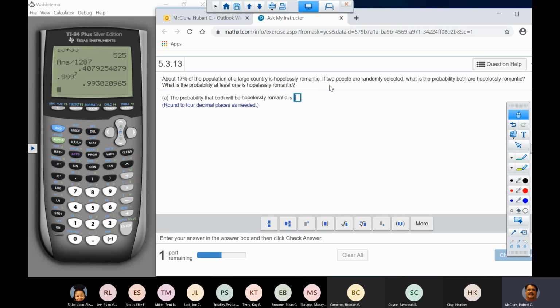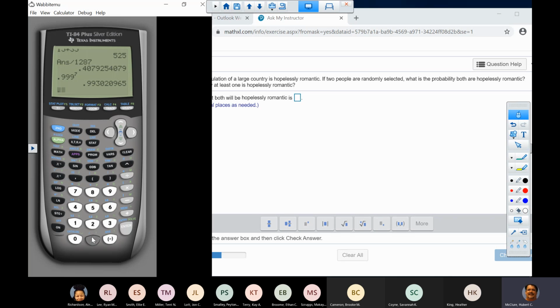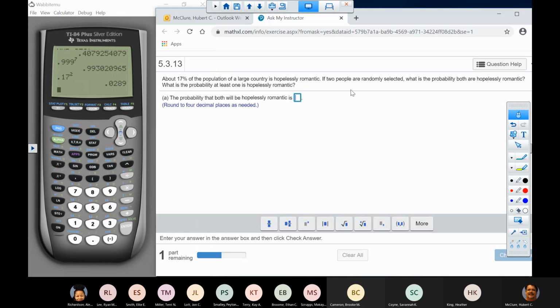So change that to 0.17. And where's our exponent? How many people? 2. So it's 0.17 to the 2nd power. So 0.17 raised to the 2nd power. 0.0289.